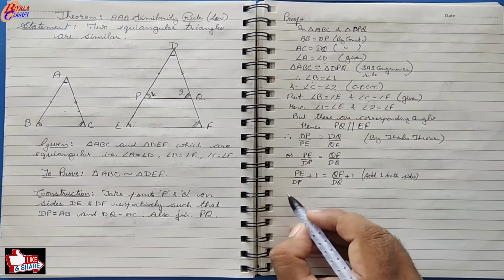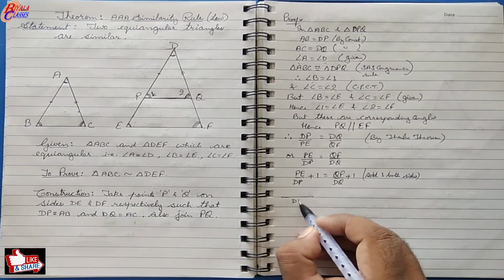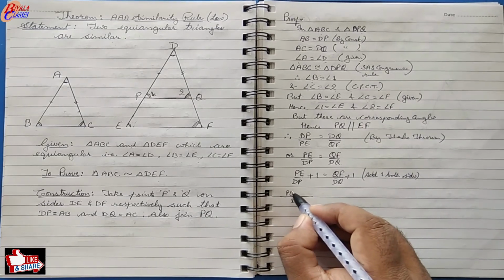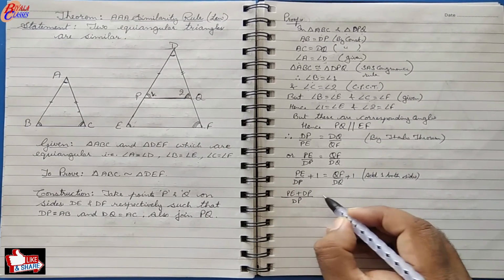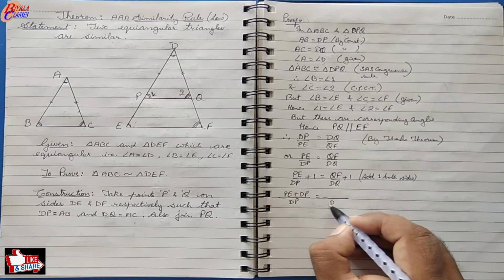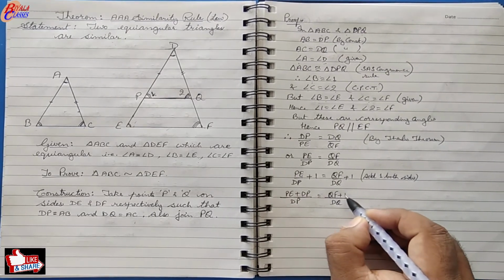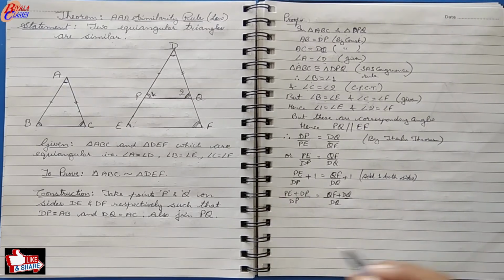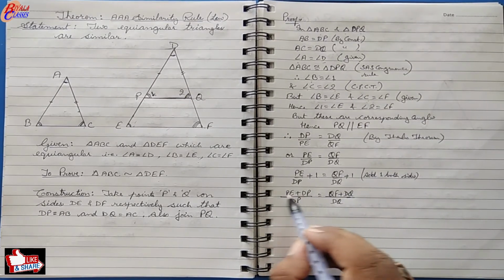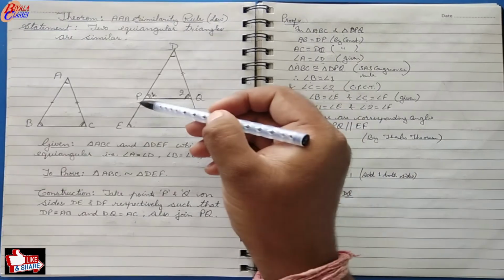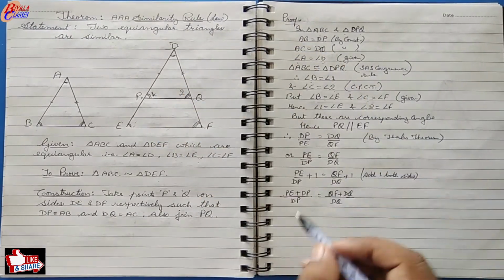So on adding this, we have the LCM here as dP, and you have PE plus dP, and here you have the LCM as dQ, and here you have QF plus dQ. So PE plus dP gives us dE.